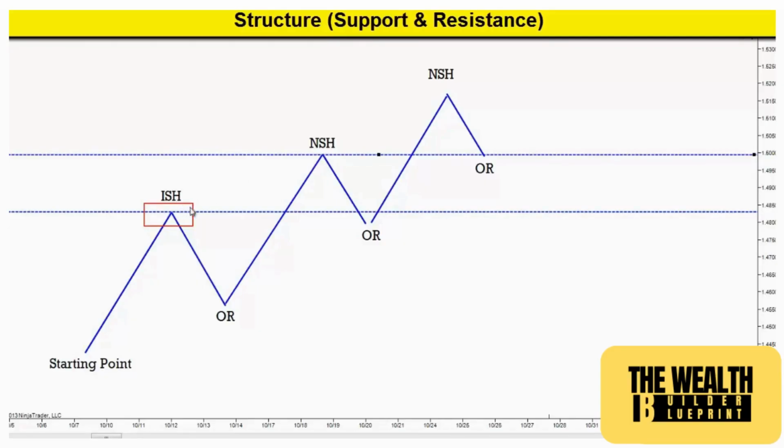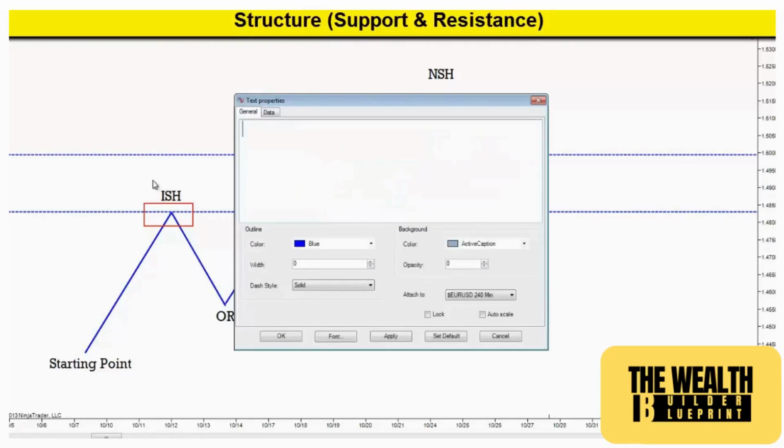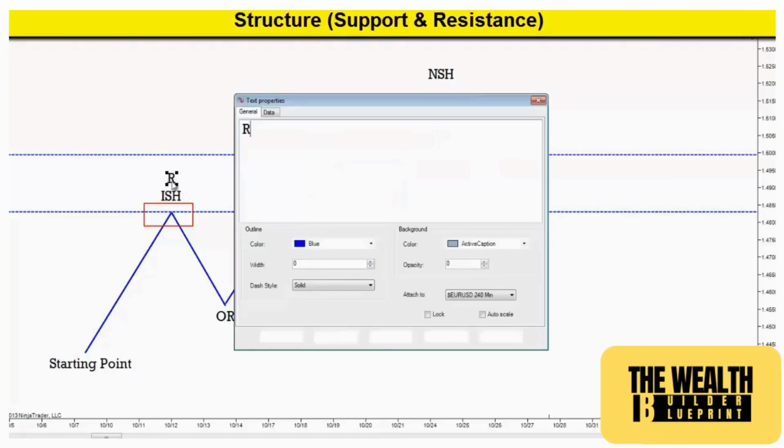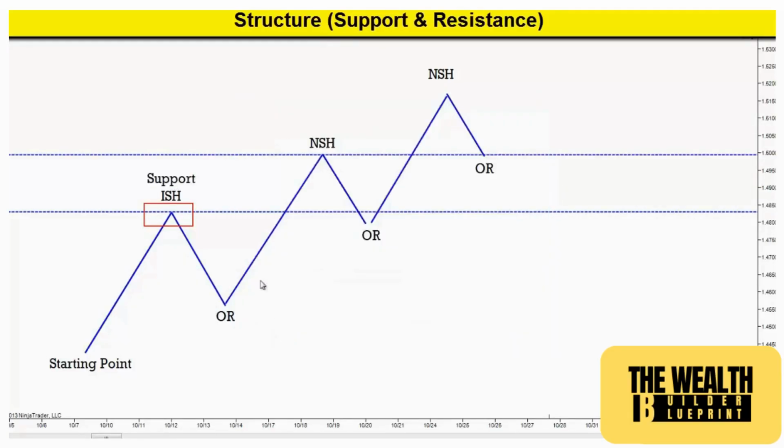Now, our previous level of structure, which used to be resistance, labeled as R for resistance, after it's broken and penetrated, so after we get that higher high, higher close candlestick formation, this now becomes support. And what you'll notice is that when price action retraces to give us that outside return, it often comes into that previous structure level. So in this case, this previous level of support.